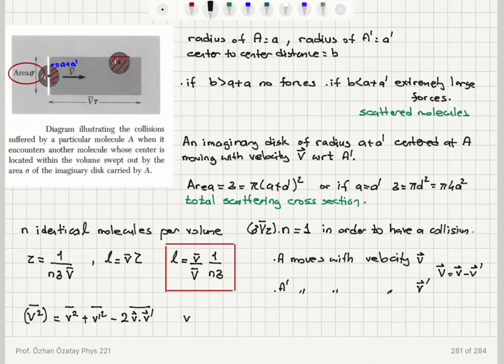The dot product of v and v prime is going to be 0, because this is going to be equal to v bar times v prime bar times cosine theta bar, and cosine theta bar is 0, all angles equally likely.